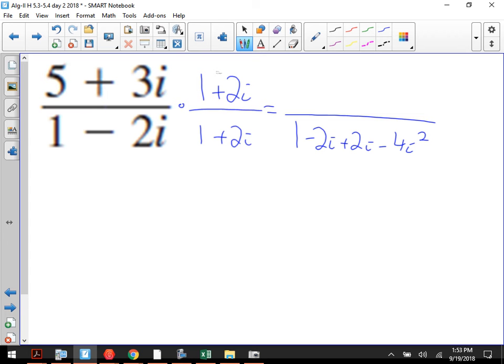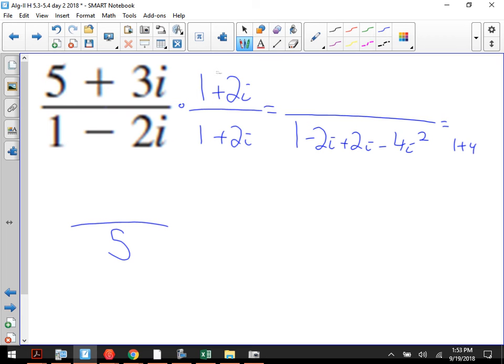The 2i and the negative 2i drop out, and you wind up with negative 4 times i squared, which is, is it 4 or negative 4? It's 4. So your denominator becomes 1 plus 4, otherwise known as 5. Take care of the denominator first, because if you do it correctly, it should just give you a number.